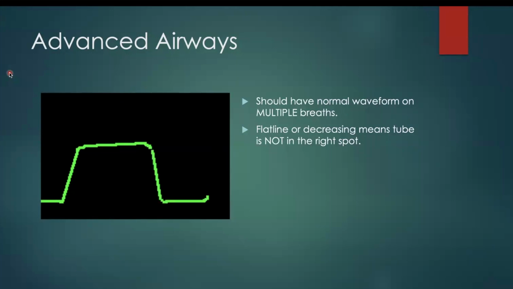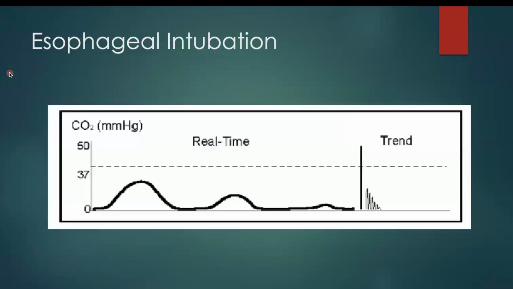We must be in the right spot. You need to make sure it's there for multiple breaths. And this is an example of that. It does not look like a normal waveform. It's kind of more of a hump shaped. And that number very rapidly goes down because no new carbon dioxide is being produced. This is just what was present there, and we've evacuated it now.